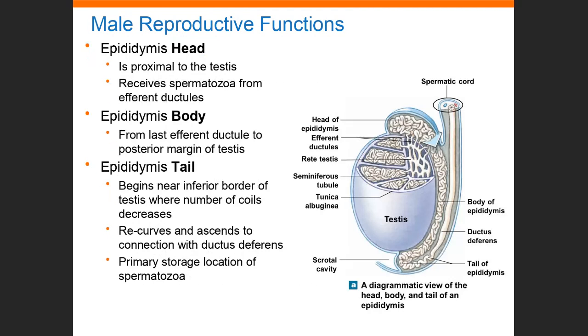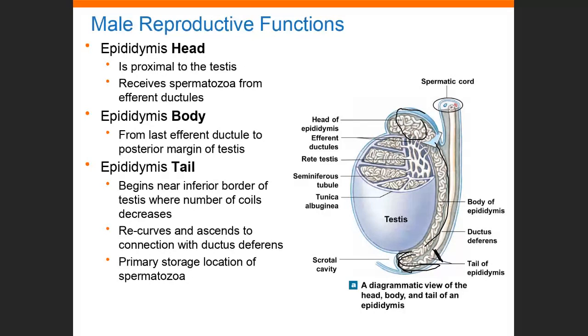Okay, so head, body, and then the tail is down here. And again, the tail is the target when the male goes to get a vasectomy, to try to cut to make no more connections between the epididymis and the vas deferens.